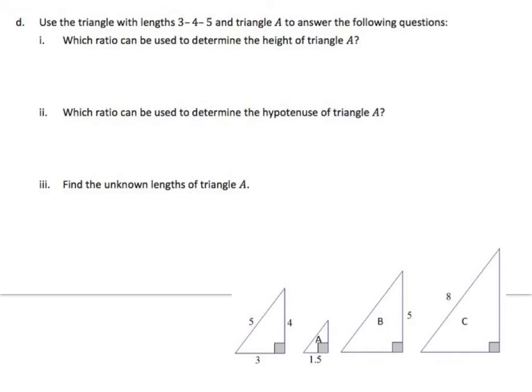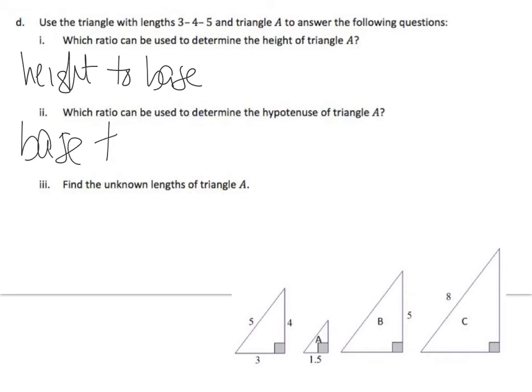So the ratio that compares the height to the base of the little triangle would work. Which ratio can be used to determine the hypotenuse of triangle A? The ratio that compares the base to the hypotenuse would work for that one.